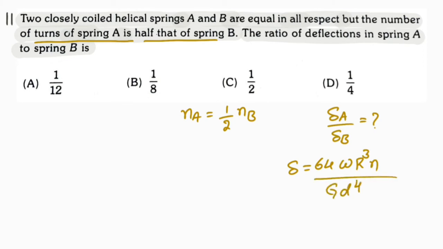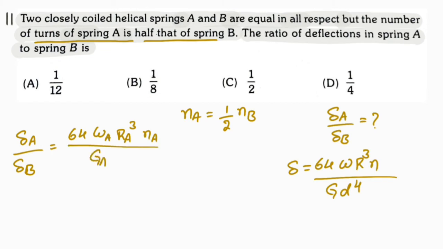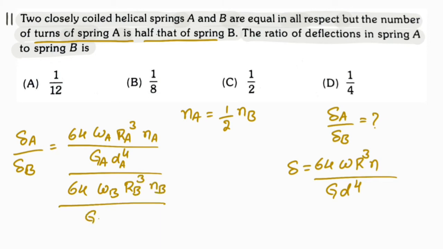Only the number of turns is changing. So deflection of A by deflection of B is equal to 64 WA RA cube NA divided by GA DA power 4, by 64 WB RB cube NB divided by GB DB power 4.